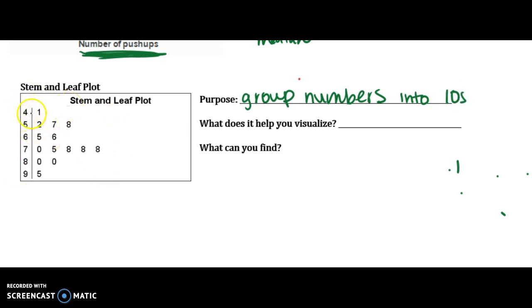How the stem and leaf plot works is like this number is like the tens place, and then this number is the ones place. So 4 over here means that it's 41. And then right here, it would be 52, 57, and 58.